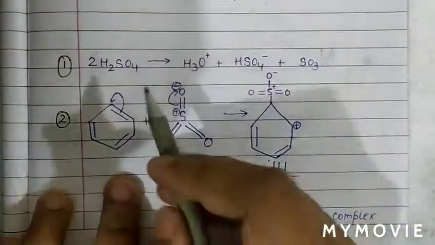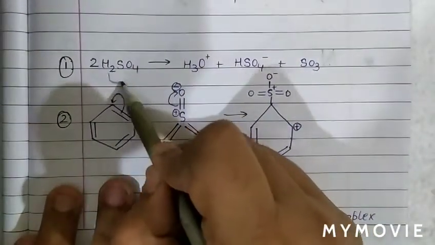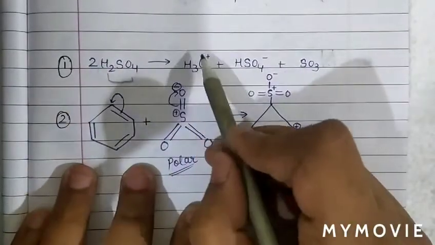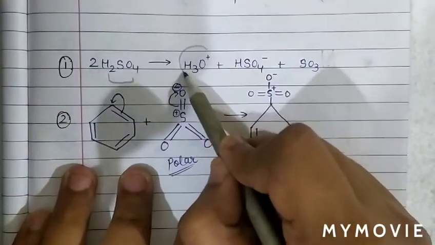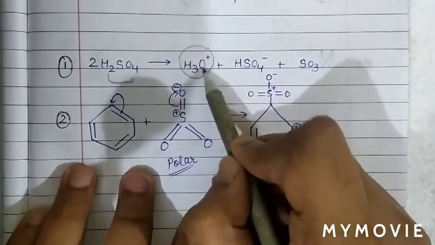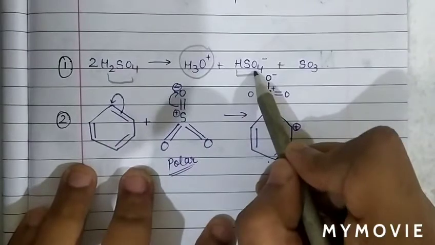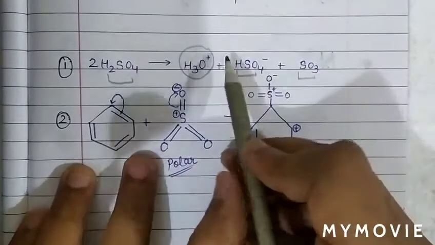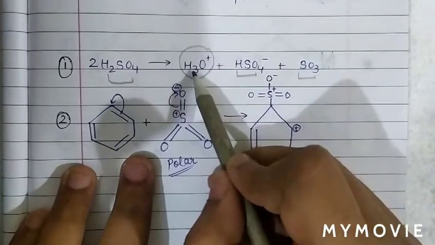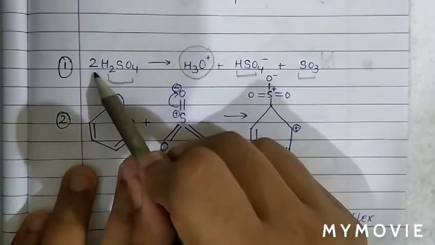Basically, take 2 moles of concentrated H2SO4. H2SO4 will decompose into hydronium ion, HSO4 minus ion and SO3. We can check positive, negative charge, neutral. How many hydrogens are there? 3 and 1, that is 4, and on the left hand side also 4.